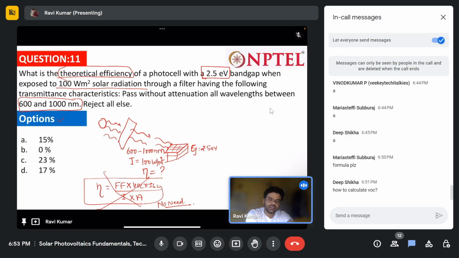That is the thing we need here. Why are we using perovskite material? To generate maximum photocurrent.